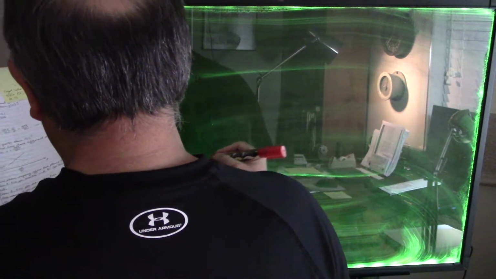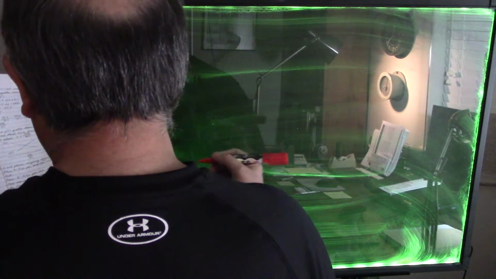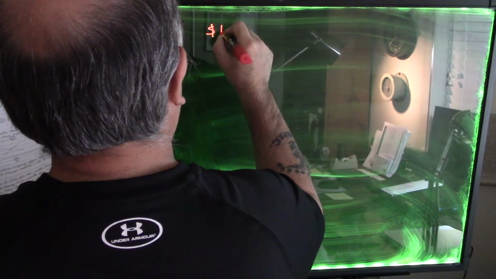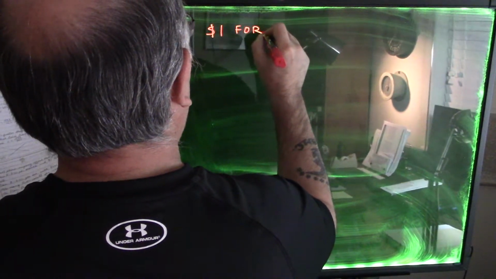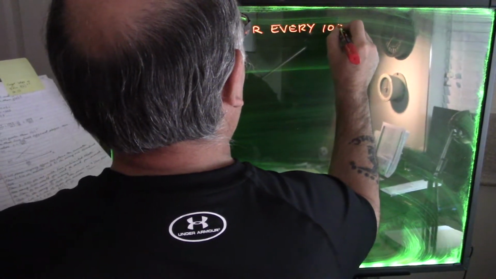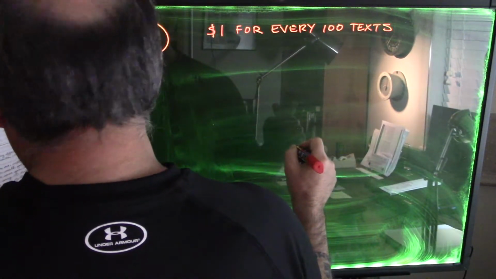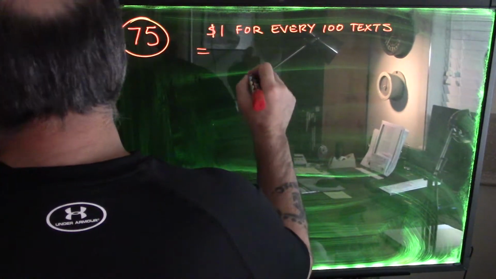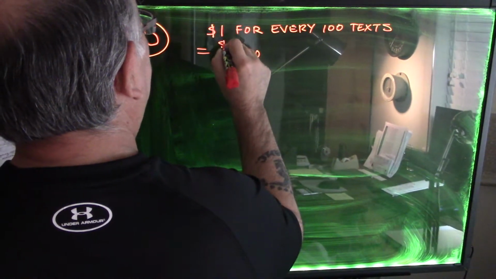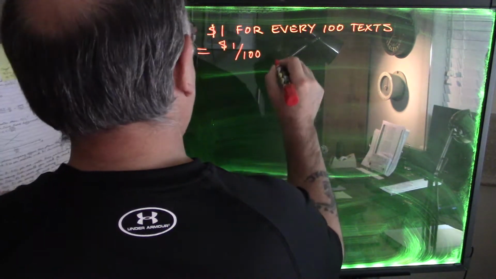$1 for every 100 texts is the same as 1/100th of $1 per text.